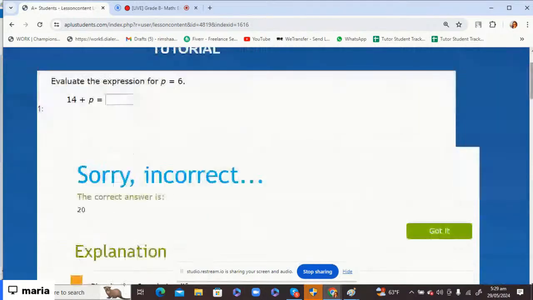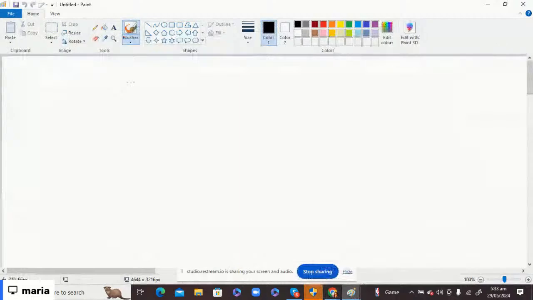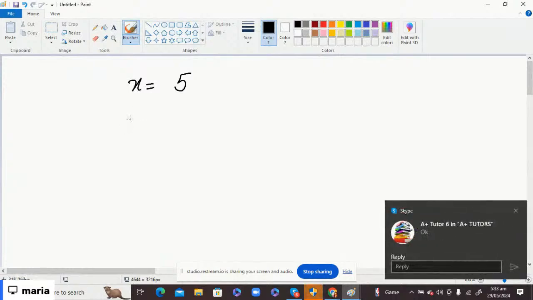What is the meaning of evaluating the expressions? For example, if some values are given, like if they are saying that x is equal to 5, then find 6 plus x.